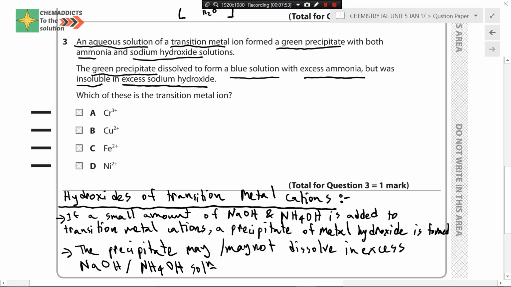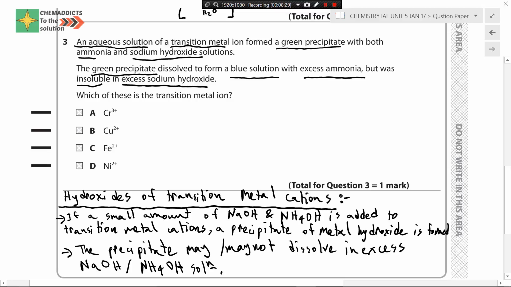The precipitate may or may not dissolve in excess sodium hydroxide or ammonium hydroxide solution. So it may or may not dissolve in either of the solutions. In this case, the green precipitate that we formed earlier by reacting the transition metal ion with both ammonia and sodium hydroxide solution dissolves, forming a blue solution, which means this green precipitate has dissolved in excess ammonia.